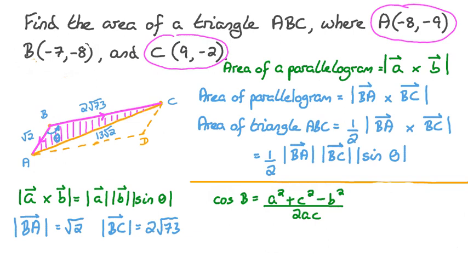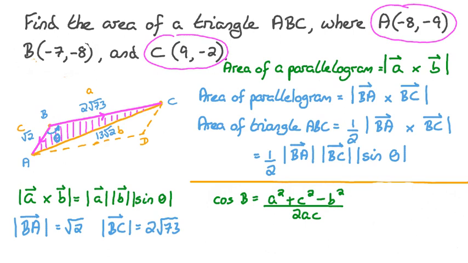The cosine rule states that the cosine of angle B is equal to a squared plus c squared minus b squared, all divided by 2ac. In this question, the sides a, b and c are equal to 2 root 73, 13 root 2 and root 2 respectively.